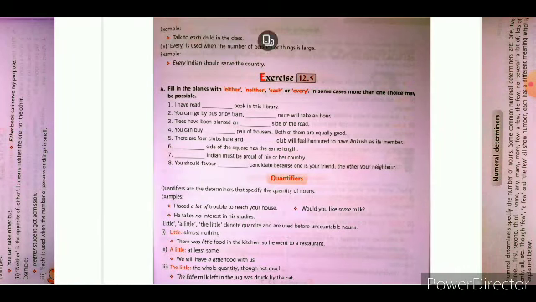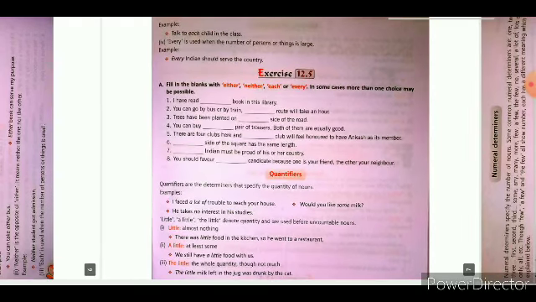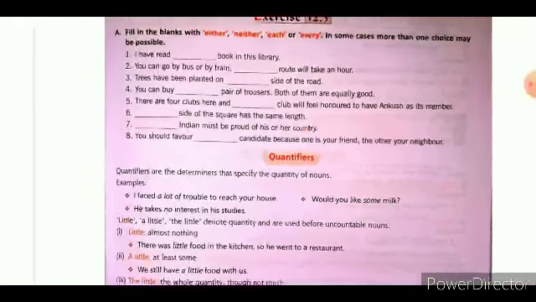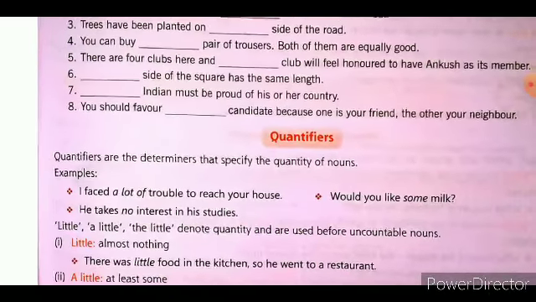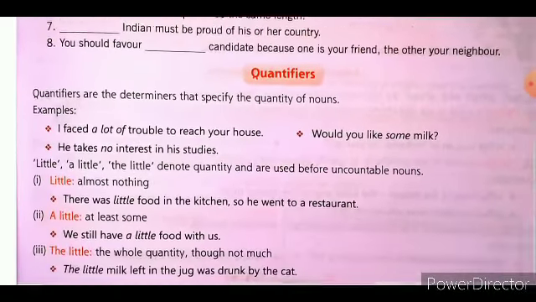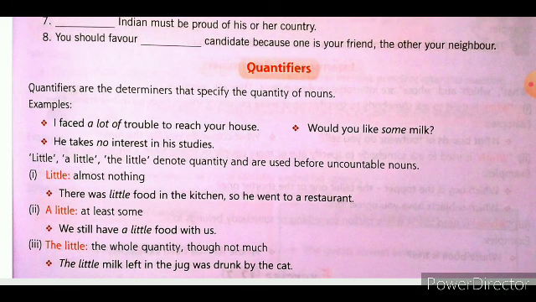Okay, dear students, now just have a look at quantifiers. As you can see, quantifiers are determiners that specify the quantity of a noun. Examples: little, a little, and the little.